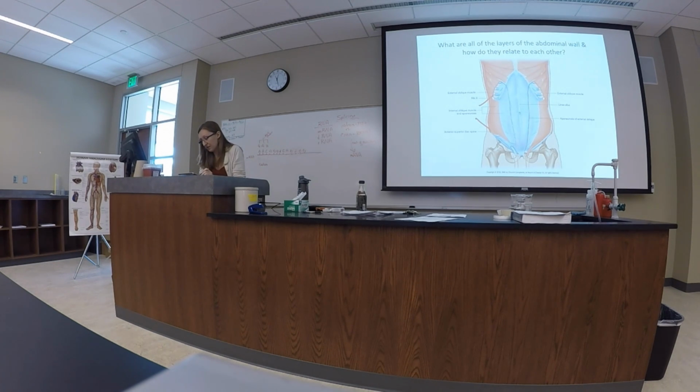It also ends in the aponeurosis and intertwines with the linea alba, as well as other structures. That's one insertion point that you guys should know. I mean, all of them run to the linea alba.